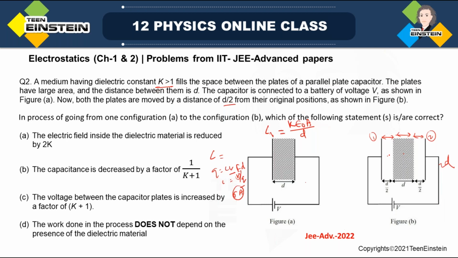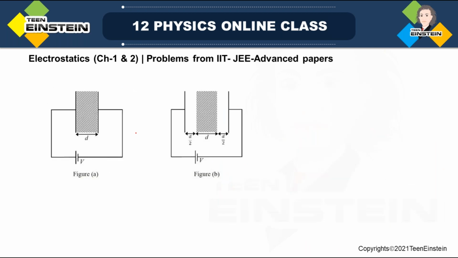Since there is dielectric material, there will be a greater field here than this. Let us go to the next page and see. In this case, the capacitance in this configuration, we have already calculated: this is k epsilon naught A by d.